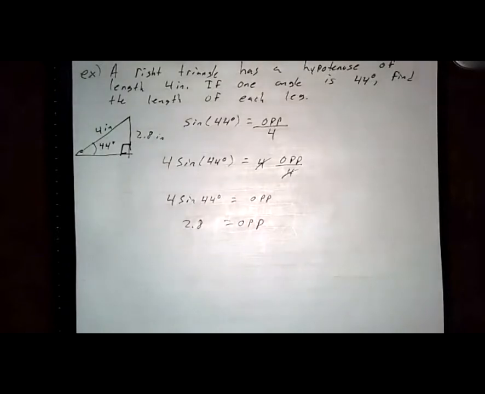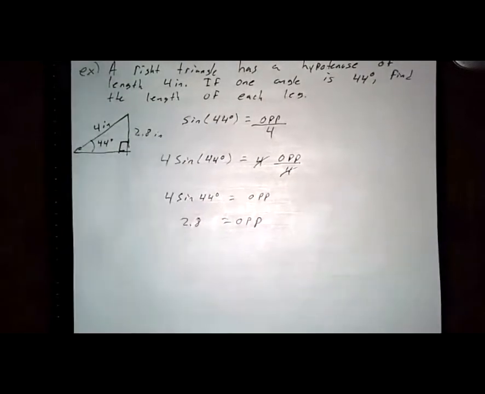Once you have 2.8, you can use the Pythagorean theorem to find the missing piece, because the question is asking you to find both sides. So a squared plus b squared is equal to 4 squared. How do I get out of that mode now?